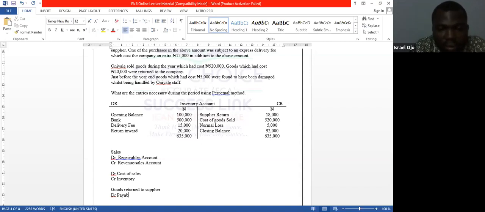Whenever you purchase, your inventory account is increased. When you return it, your payable account is reduced and you credit your inventory account.